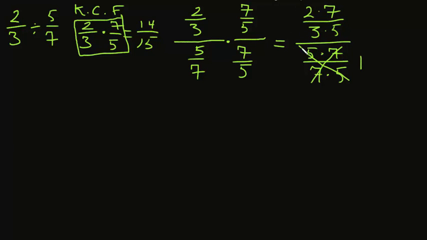So we can see now that keep, change, flip is just a shorthand version of this whole process, whereby we rewrite the division problem as a complex fraction. We multiply the numerator and the denominator by the reciprocal of the denominator, and everything in the denominator resolves into a 1. So basically, we perform this whole elaborate central operation here in our heads, or perhaps not even in our heads, without even thinking about it.